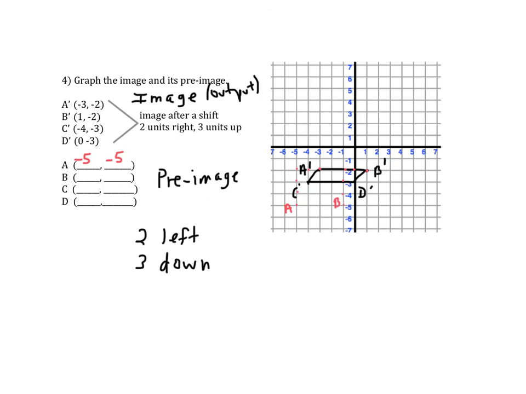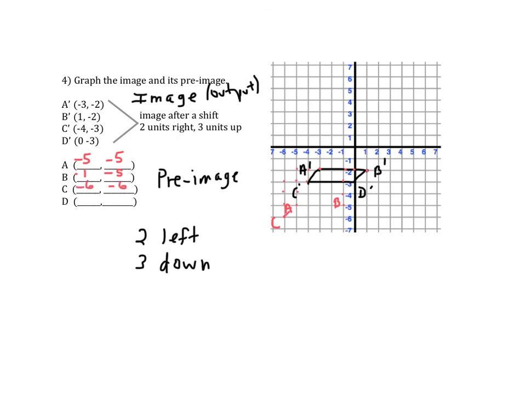So that'll be the coordinates for point B, and point B is at -1, -5. Okay, I'm going to come back to C. Again, I'm going to reverse what the rule was. So I want to go 2 units to the left, 1, 2, and 3 units down, 1, 2, 3. So C would be right there at -6, -6.